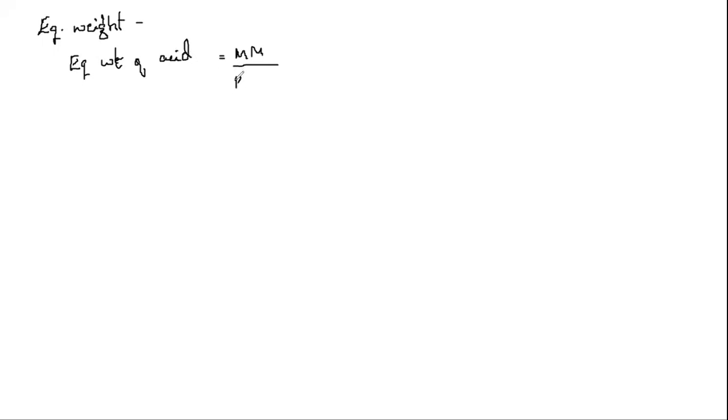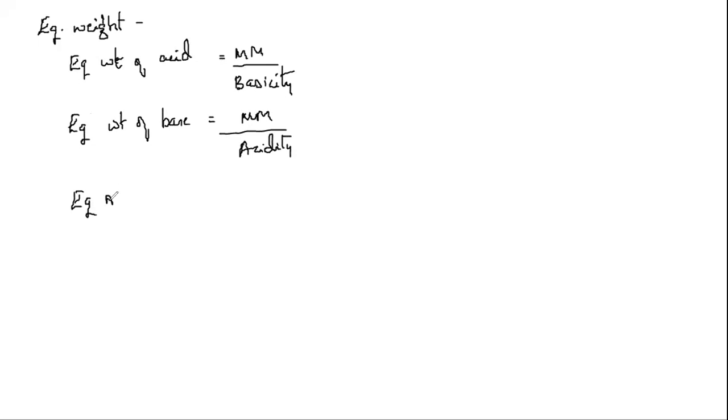it is molecular mass divided by basicity of the acid. Equivalent weight of a base is molecular mass divided by acidity of the base. If you are defining equivalent weight or mass of an element, it will be atomic mass of the element divided by valency.